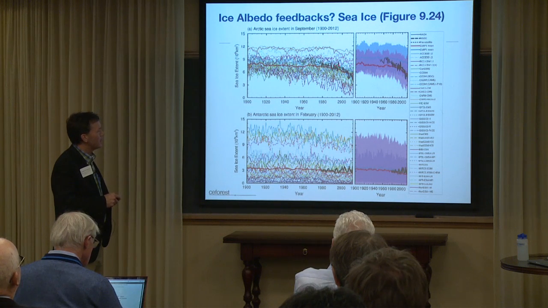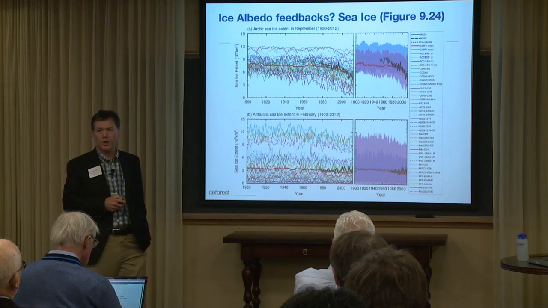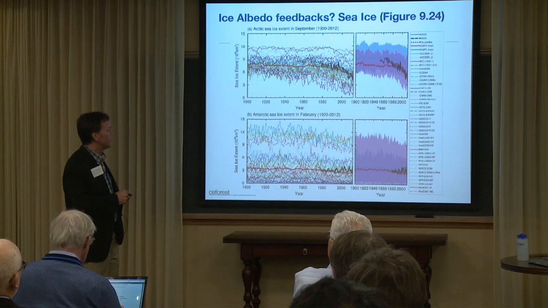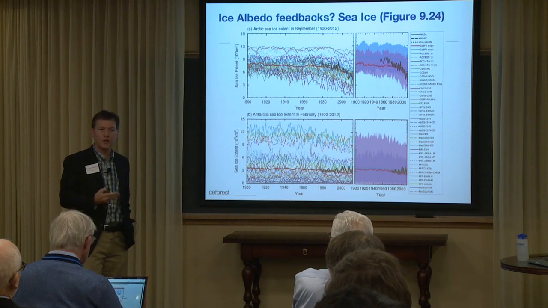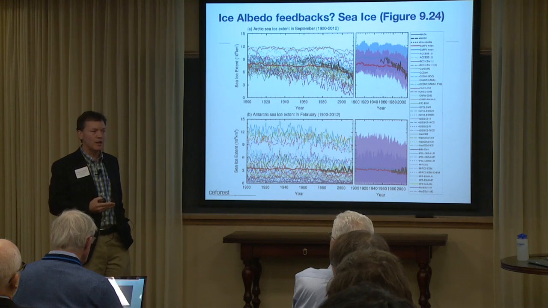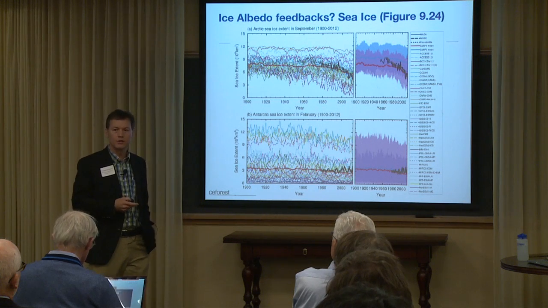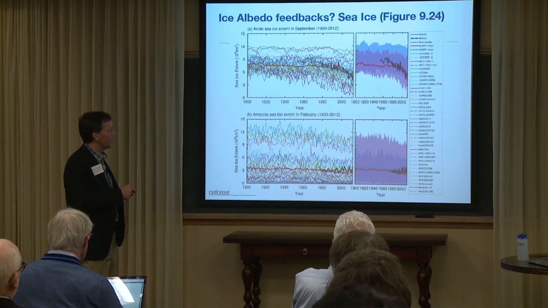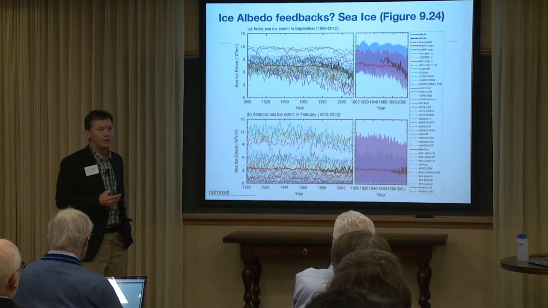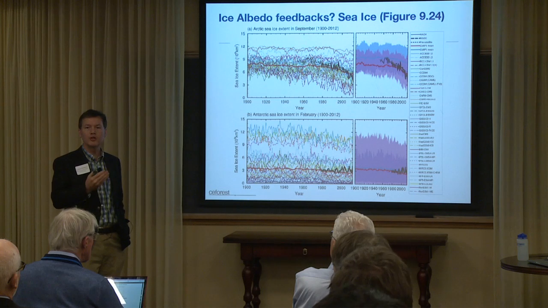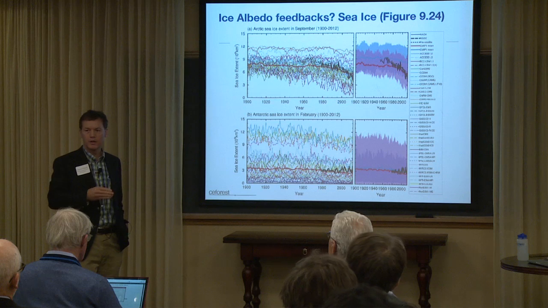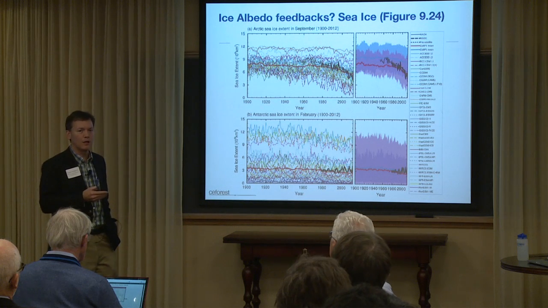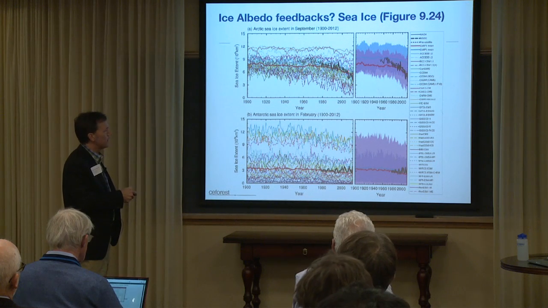Then we get out here to the end, and starting in the 1970s, when we actually have satellite observations to track what was happening, that's when we start to see whether or not we're getting the right rate of change. And the distinction between a rate of change of something and the actual change itself, or the integrated change, is what matters. The integration of this over time is telling us what the total reflected energy is, or the total absorbed energy is in the northern hemisphere system that wouldn't have been there if the ice hadn't melted.